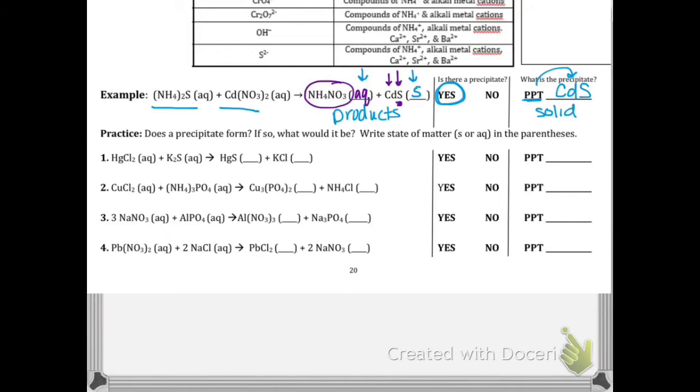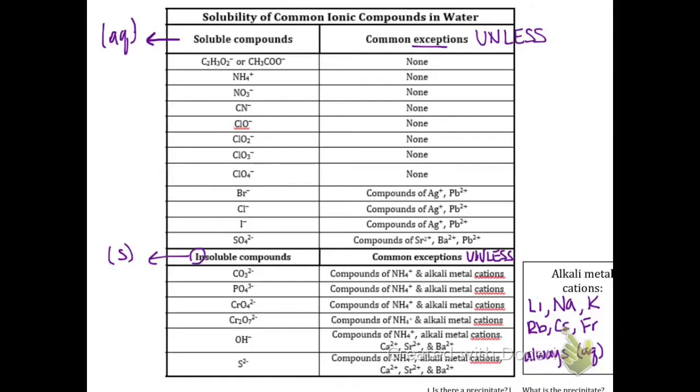Okay, so let's do another example, number 1. Does a precipitate form? We're going to look at these compounds right here, HgCl2 and K2S. It's going to create two compounds. We generally look at the second part of the compound on the chart, so it has a letter S. S is here on the chart.